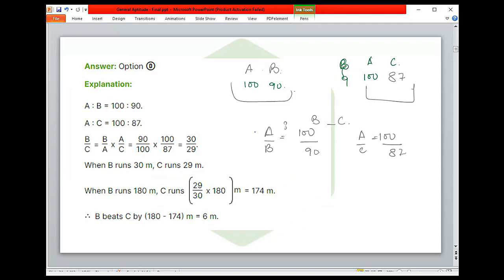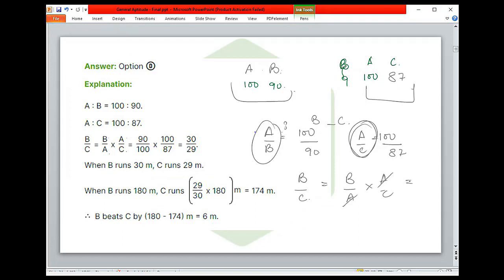If I need to find B upon C, I can do B upon A multiplied by A upon C. I'll cancel out A and A, and I can find out B upon C.